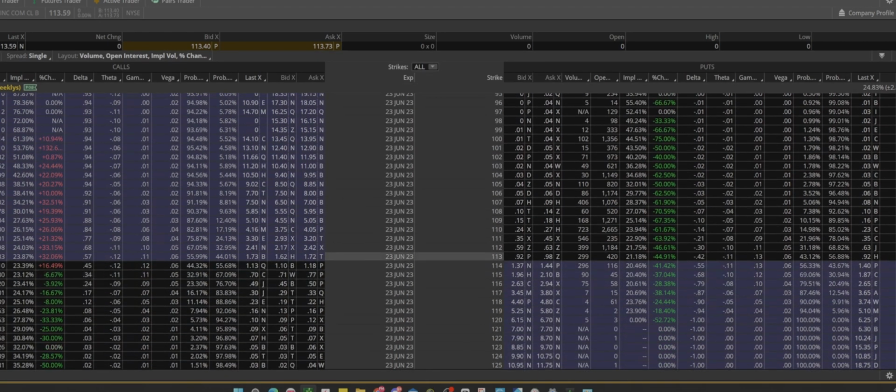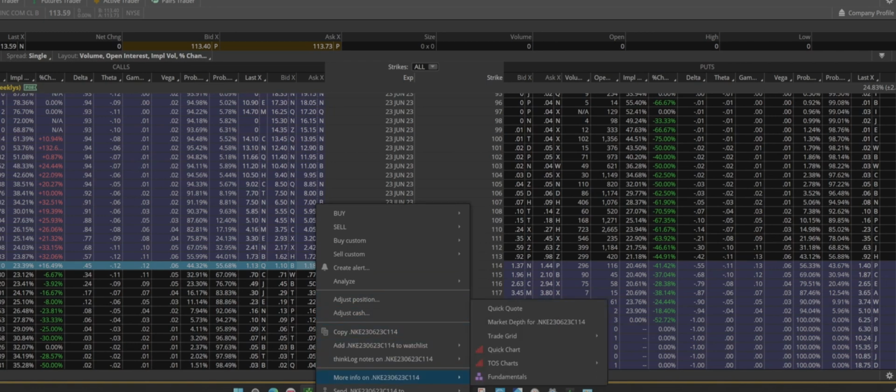This option. So Nike is $113 now. Let's say when the stock was at 102 or 103, we bought whatever option for this day. So how much would we have made? Let's see what could have happened if we bought.